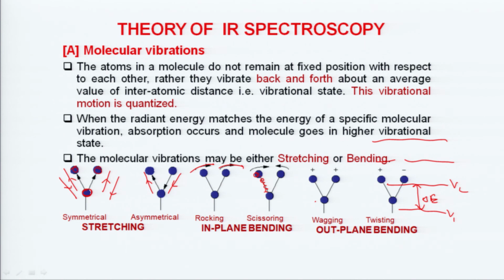This is called wagging. What is twisting? Twisting means one has been placed upward while the other is downward, and that is called twisting. So, these are the types of molecular vibrations. Hope you have got the stretching, that may be symmetrical or asymmetrical. Bending means the bond, which you have assumed to be a spring, has been bent. Bending may be in plane or out of plane.